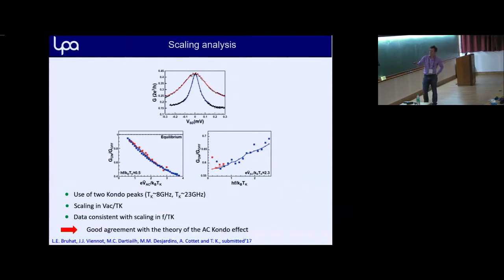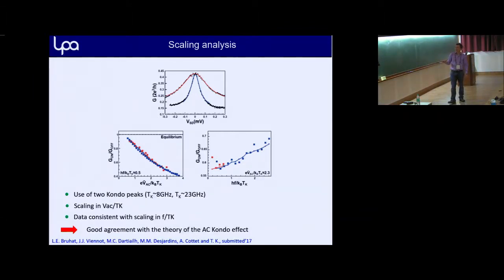And in fact, what you see is that although these resonances have different widths, when you rescale the AC power, which is again absolute by the TK, the power dependence curves for this Kondo resonance and this Kondo resonance collapse on the same plot, which is again quantitatively understood by the theory.